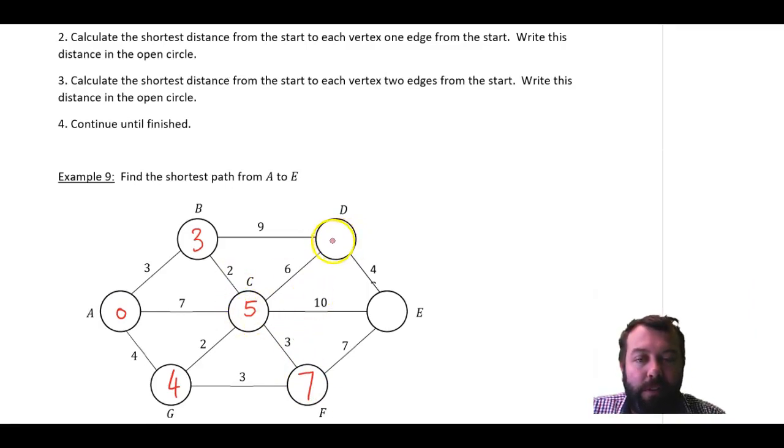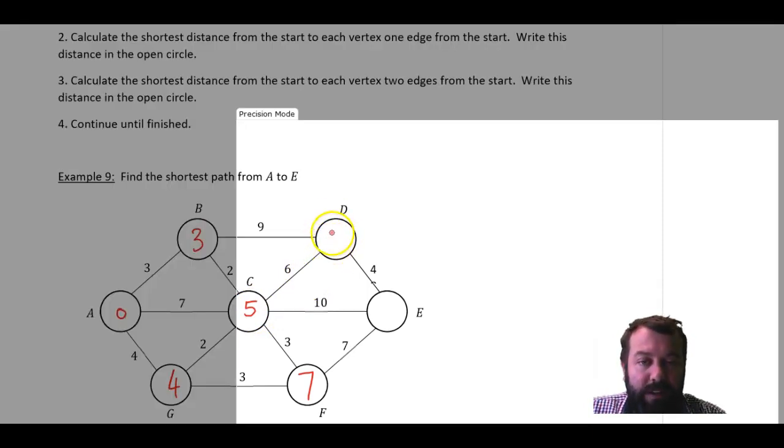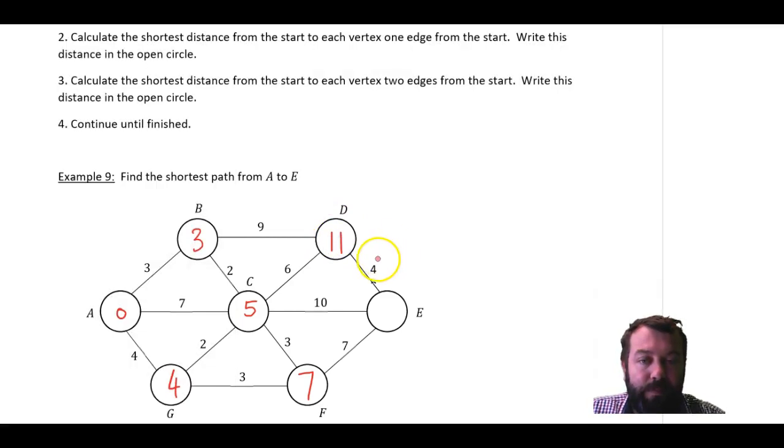The shortest distance to D, I could get there via B in 7 this way or 9 that way. Oh wait, no, we shouldn't look at it that way. I could get there along this edge, that will be 12. Or I could get there from C. Now the shortest distance to C is 5, so 5 plus 6 equals 11. So the best way to D is 11, from C plus another 6.